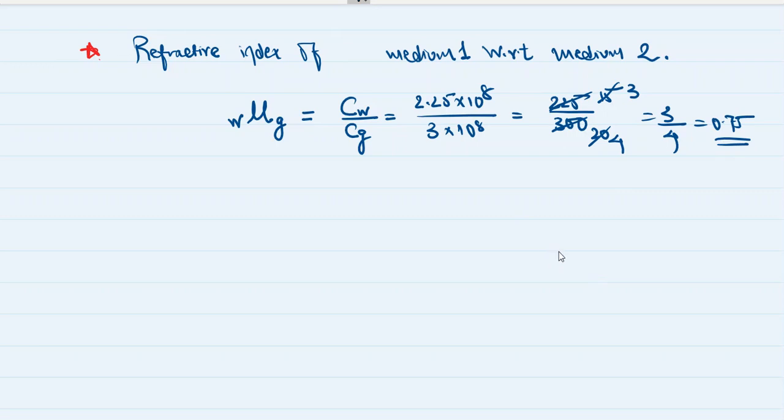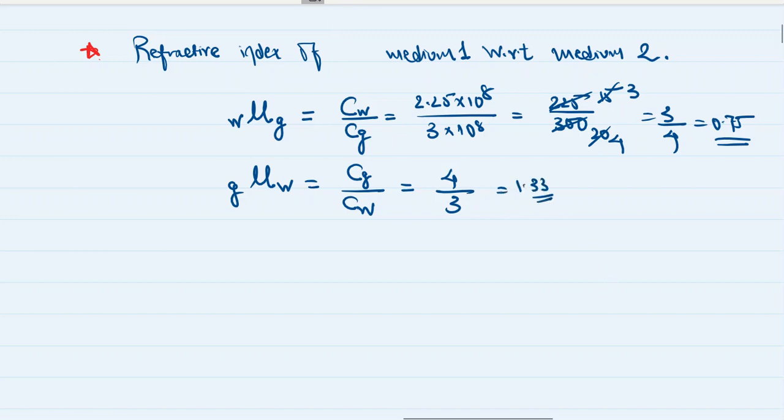There you go, refractive index of glass with respect to water. Let's find the refractive index of water with respect to glass. That will be speed of light in glass upon speed of light in water. Okay, we had just simplified this expression here. So we can now say that refractive index of water with respect to glass will be 4 by 3, right? 4 by 3 or 1.33. Hey, is it 1.33?